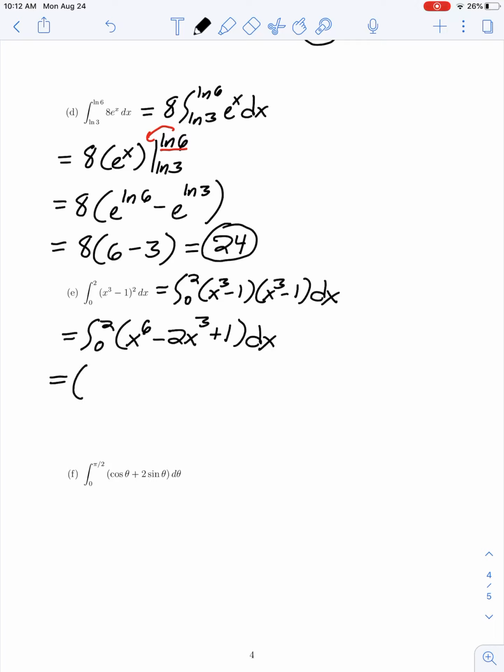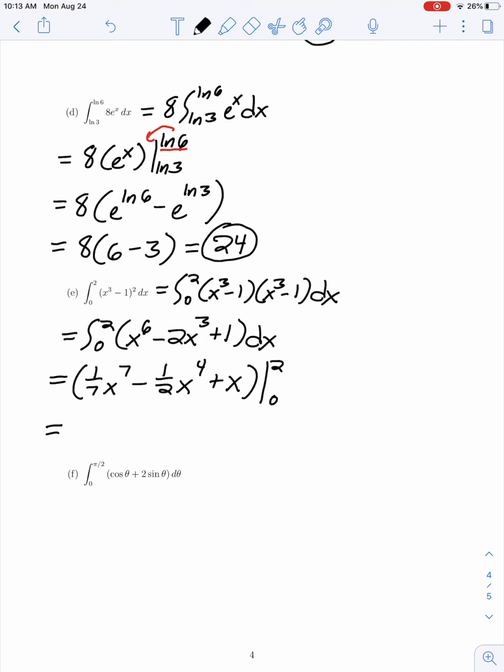So we have, for our antiderivative of x to the 6th, a 1/7 x to the 7th, minus the antiderivative of 2x cubed, which would be 2 over 4, or 1/2 x to the 4th, plus the antiderivative of 1 dx, which would be 1x. We don't need to write the plus c explicitly here. And then we're evaluating this from 0 to 2. So let's see what we get.